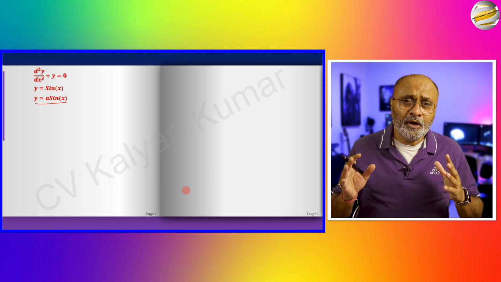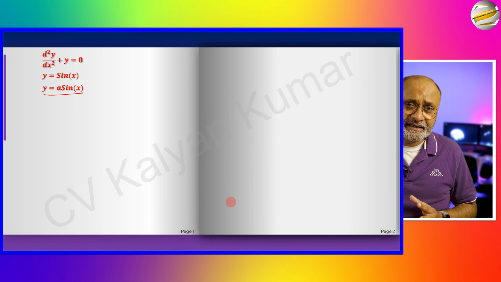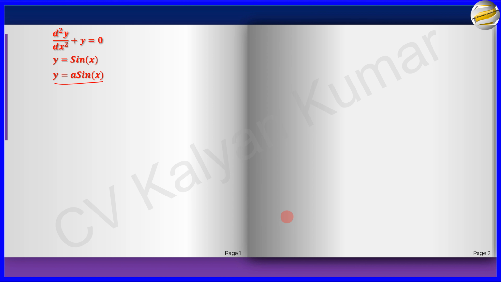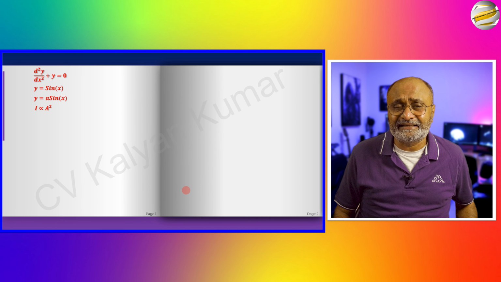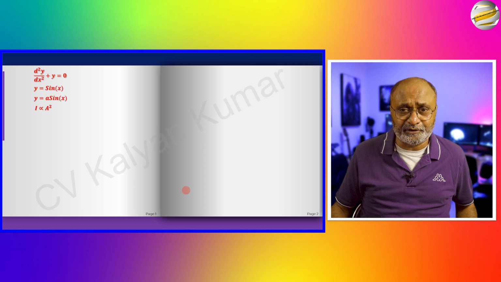Moreover, according to Maxwell's theory, the intensity of a wave is directly proportional to the square of the amplitude of the wave. So if you look here, you will notice that I equals a squared. So this is what Maxwell said, that the intensity of a wave is directly proportional to the square of the amplitude.